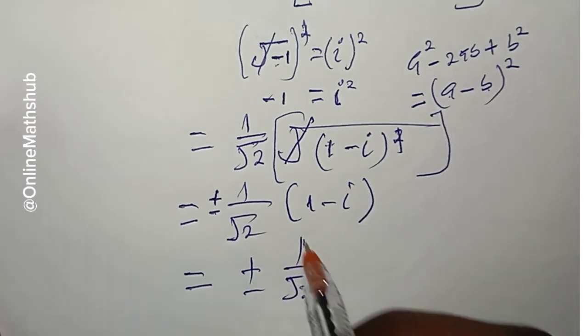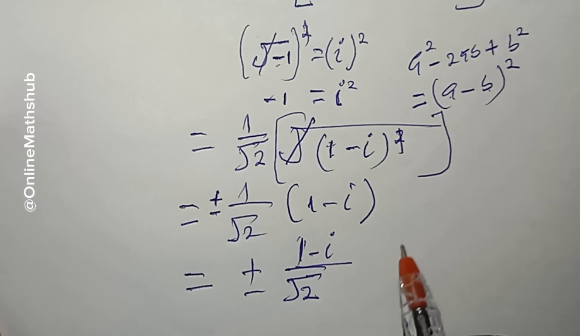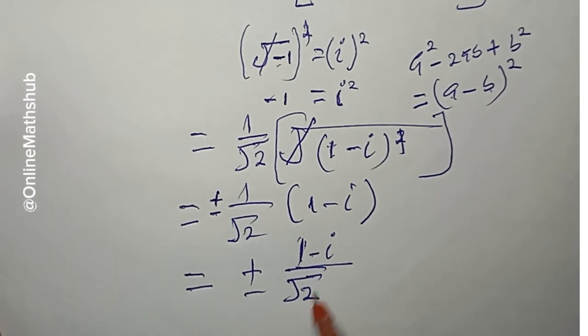So if I do that right away, what are we having? 1 minus i, and then we can go ahead to rationalize, so that we remove this root 2 at the denominator.